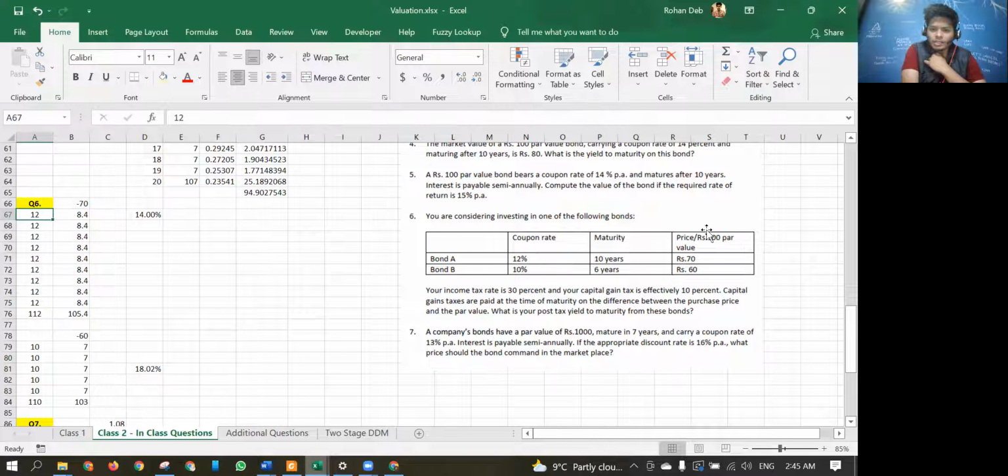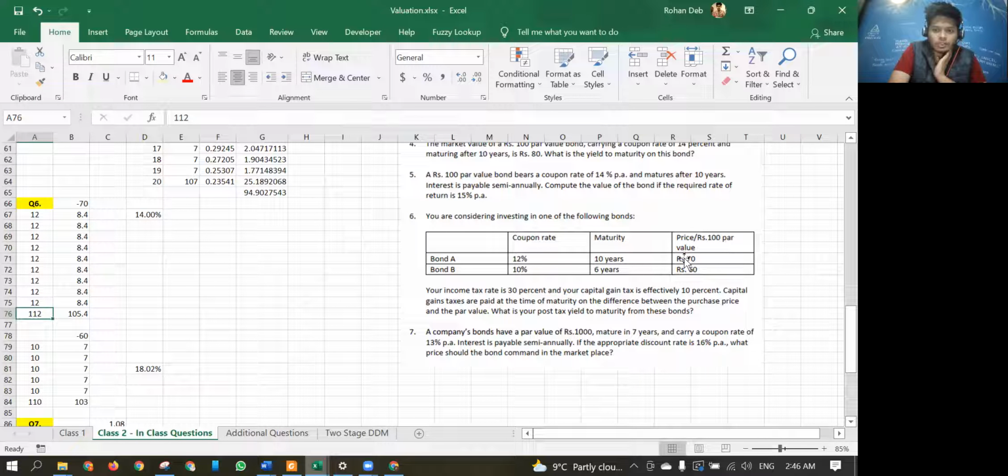Here it's 12, par value is 100, so 12% of 100 is 12. For the next 10 years, you'll get a coupon of 12%, which is this. And at the end of the 10 years, you'll get 100 rupees extra, so 100 plus 12. So 9 years, you get 12, and the last year, you get 112.